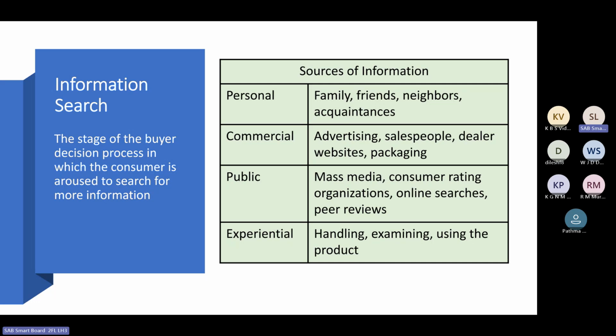Also, we might be getting information from commercial sources like advertising, salespeople, dealers, websites, packaging, social media. That is what you mentioned, reviews and everything. But we will not depend heavily only on those reviews. We might be getting information from different sources, maybe from experts.